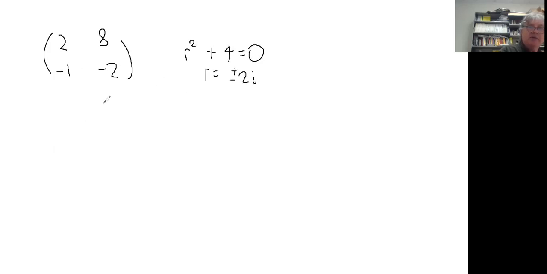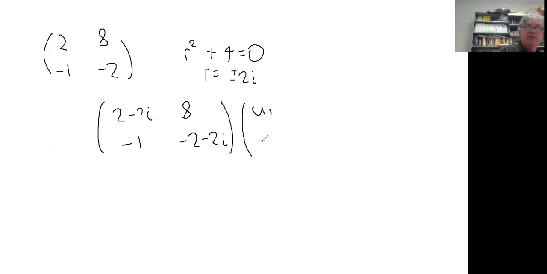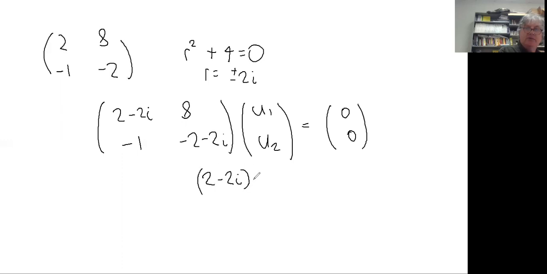So again, we subtract 2i. It's a pain that we have to deal with complex numbers, but it's also kind of easy because you only have to find one eigenvector. The other one is its complex conjugate. And so we see 2 minus 2i times u1 plus 8 times u2 is 0.